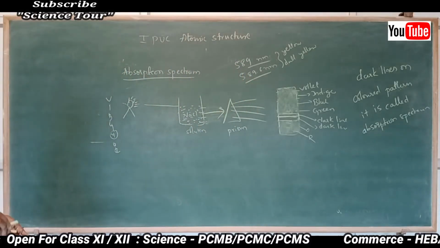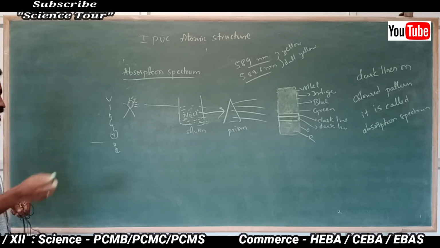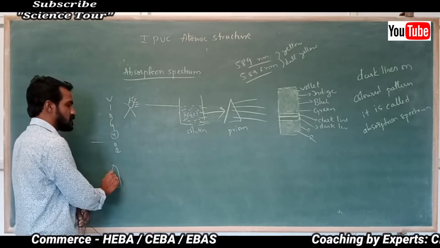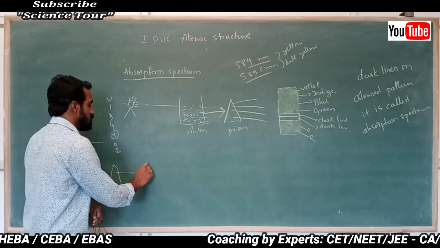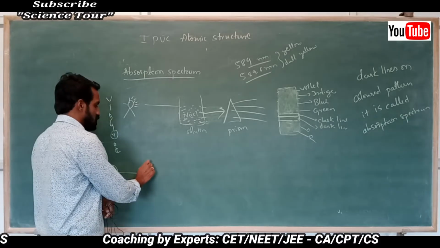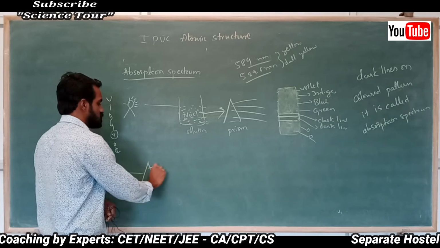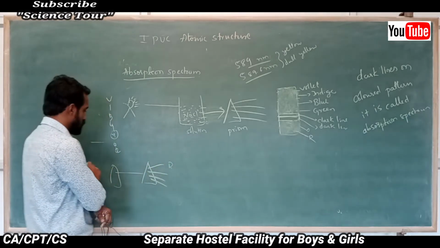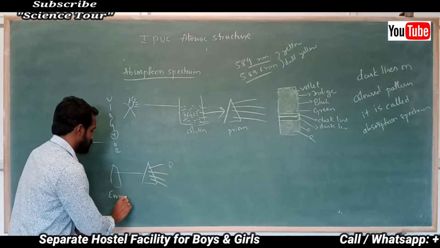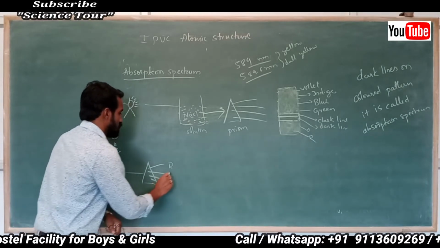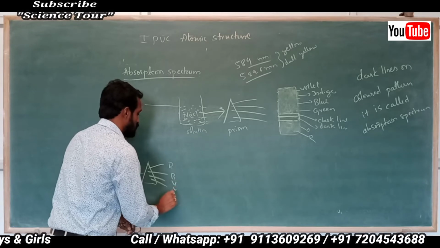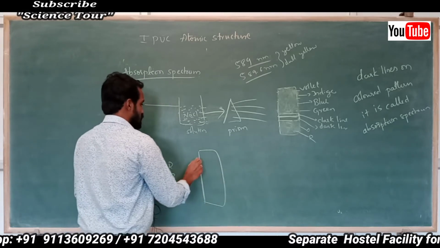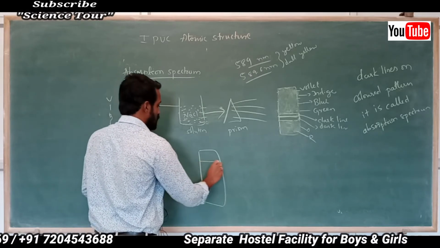But my dear students, emission spectrum is already explained. Hydrogen gas is taken and it is heated, and what happens? It gives colors. Which are the four colors it gives? Just now I explained emission spectrum. Red, blue, violet, violet. If you arrange this pattern, you get only red color here.